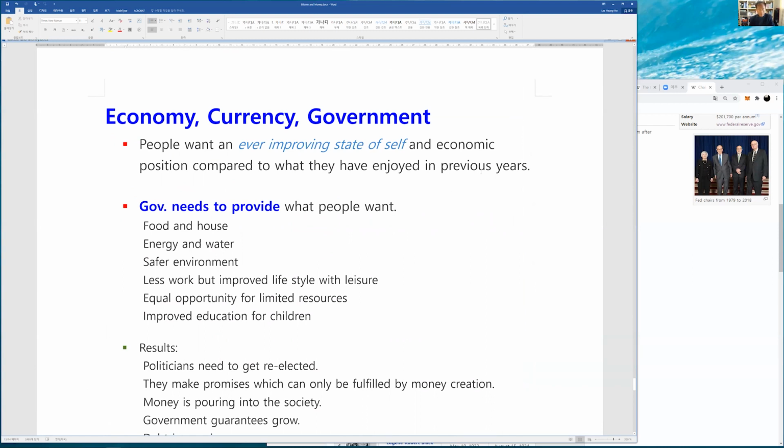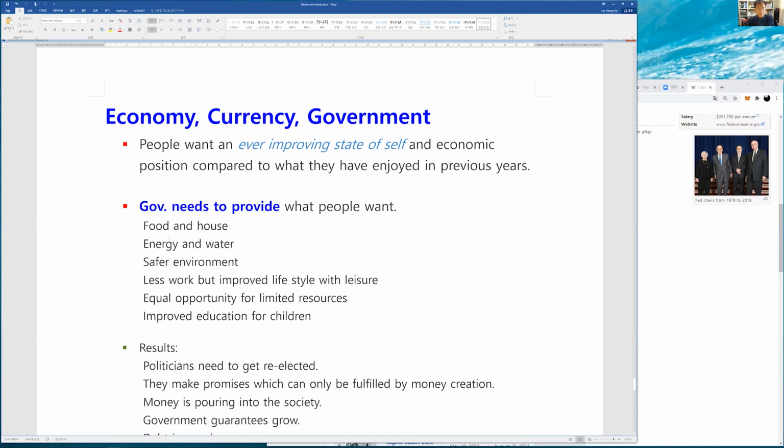That's their expectation. So there is government. The government has a leader, the president, for example. The government or the president who would like to get re-elected makes promises. I will make your lives better.